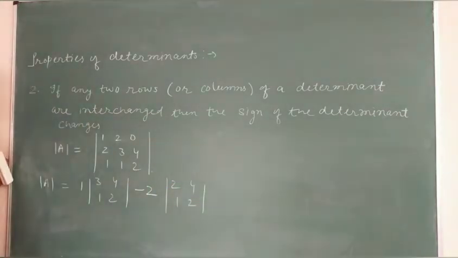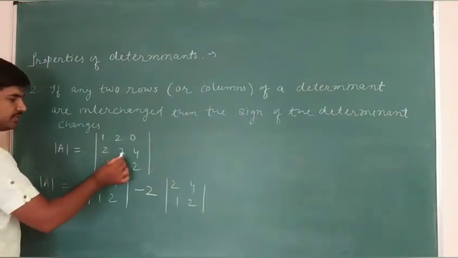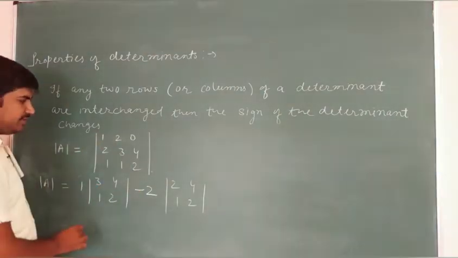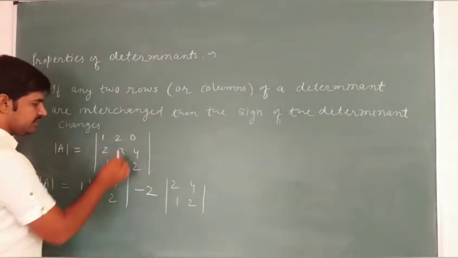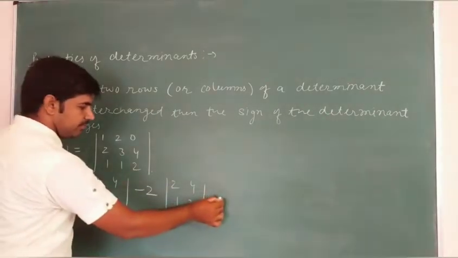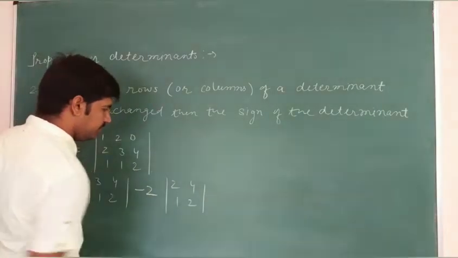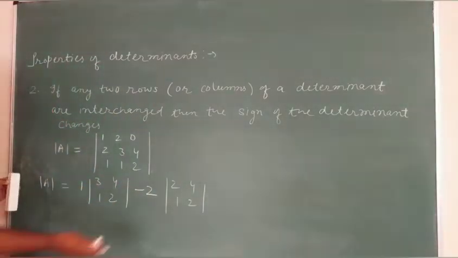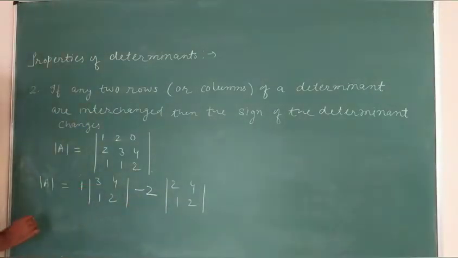See, 1 times, leaving the first row and first column, 3, 4, 1, 2 is what I have written, and minus 2 times, leaving the first row and second column, 2, 4, 1, 2. Now plus 0 times the third element, but since it is 0, the entire term becomes 0, so I have written only these two terms.